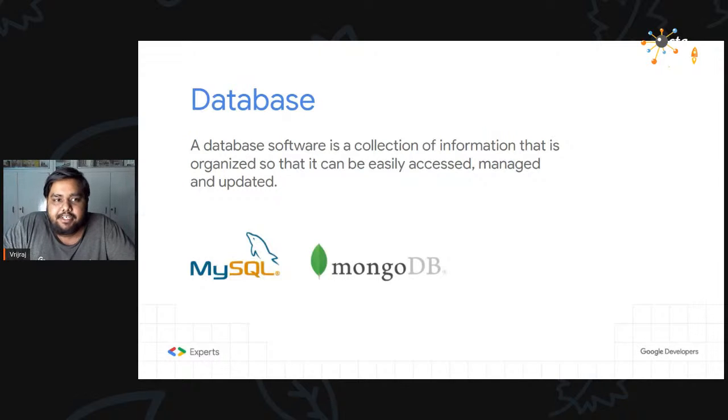For example, we store data in terms of tables, with rows and columns, and the database is organized so that it can be easily accessible to all users. We just need to call queries and that's all.